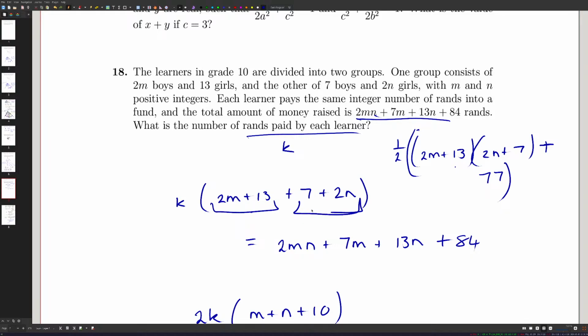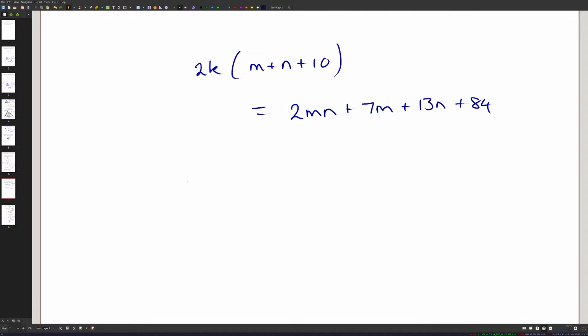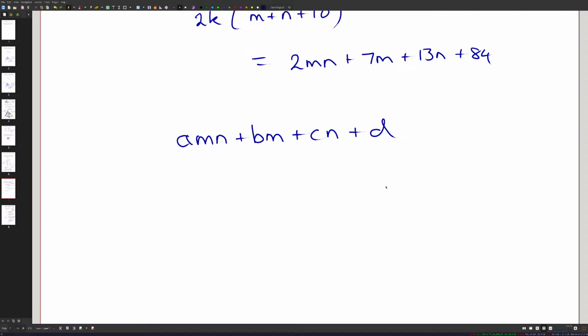So if you've got something that looks like AMN plus BM plus CN plus something, the easiest way to do this is you're going to have AM.